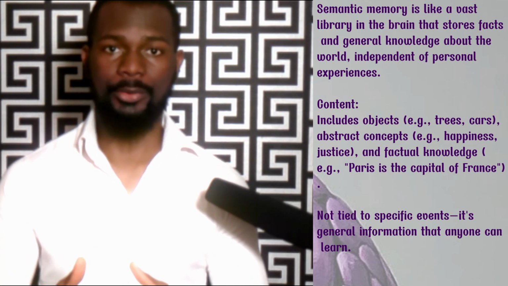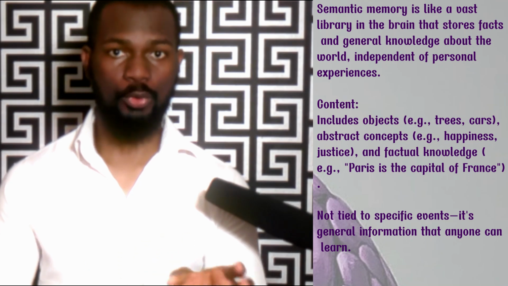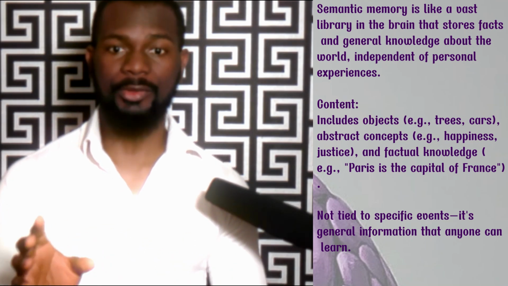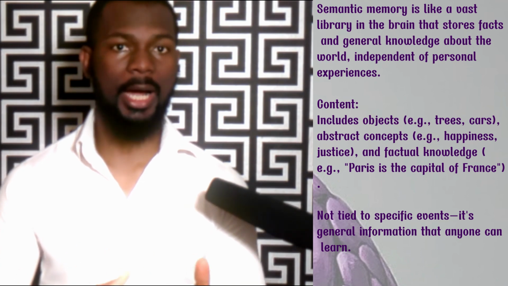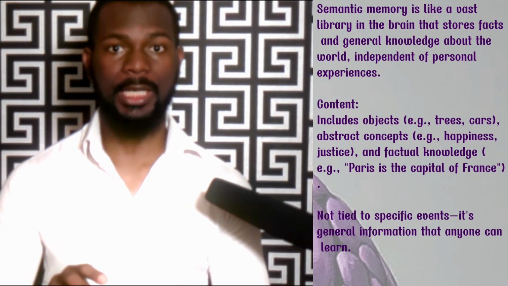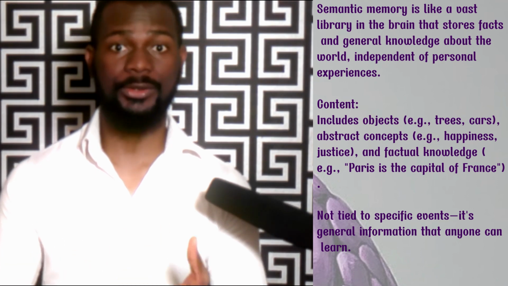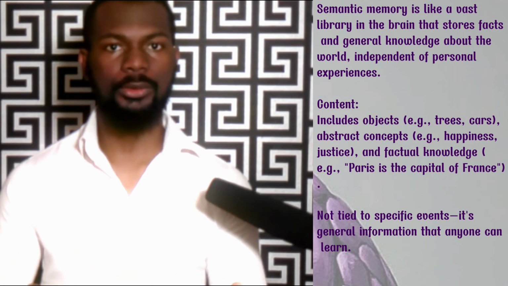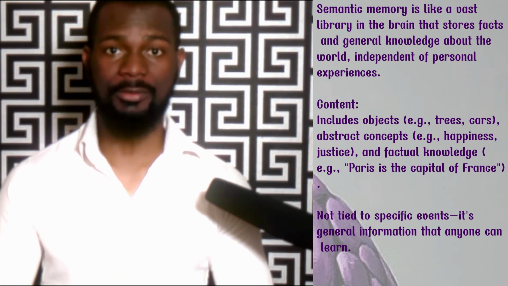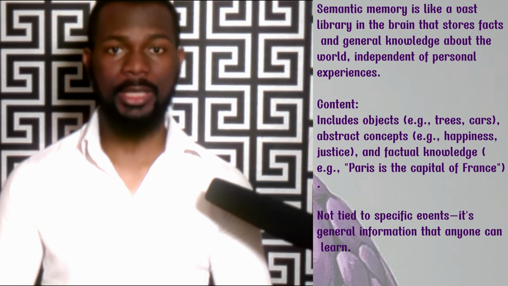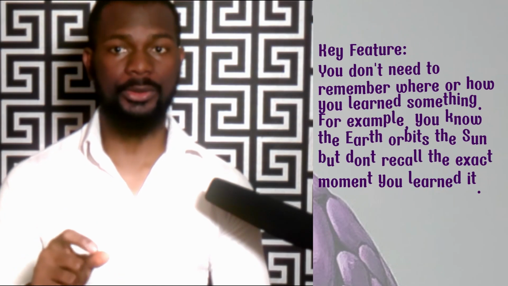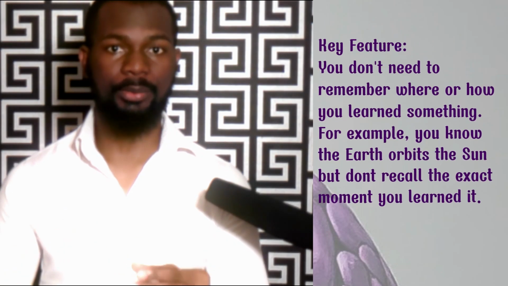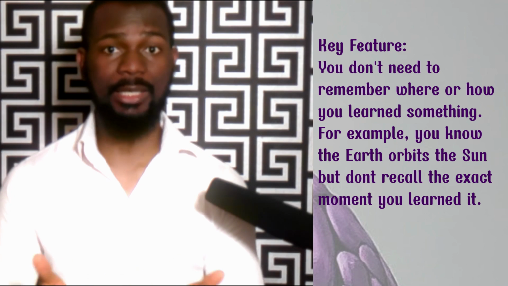Within the semantic memory store, a wide range of information is available, including objects such as trees or cars, abstract concepts such as the definition of happiness or what justice is, and factual knowledge: Paris is the capital of France, the history of Nigeria. Importantly, this knowledge is not tied to personal experiences. It represents general information that anyone could learn.